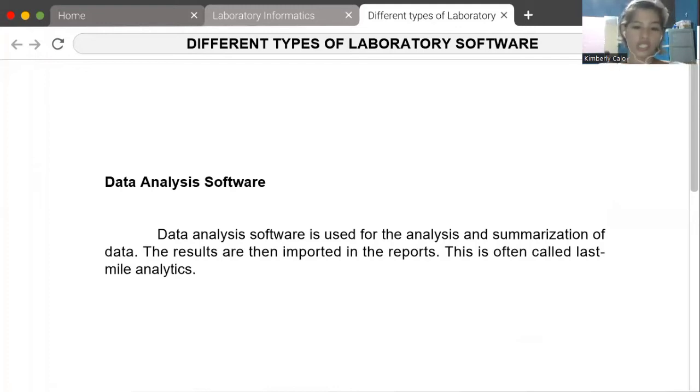Data analysis software can be intended for general use, such as spreadsheets and statistical packages like R, SPSS, and Orange. There are also assay-specific packages and platforms. For example, for next generation sequencing, the tools range from command line tools to desktop applications and server platforms.